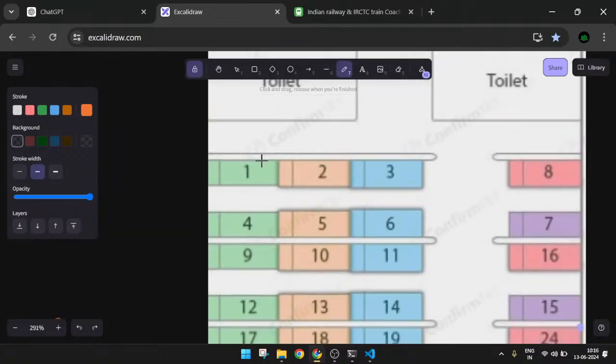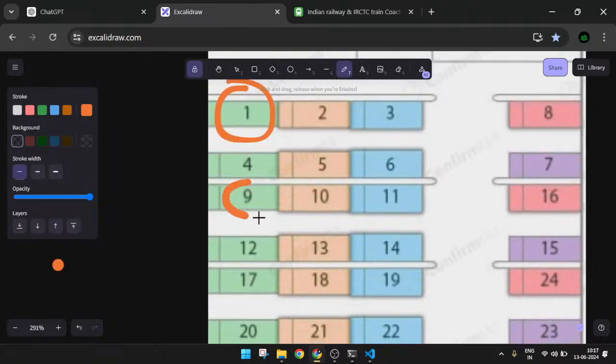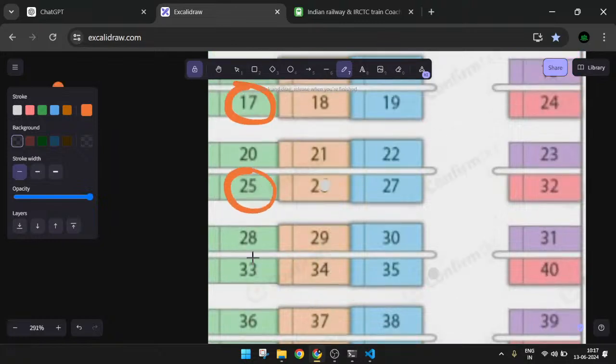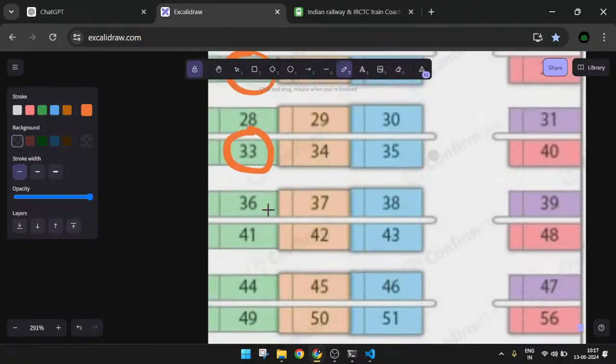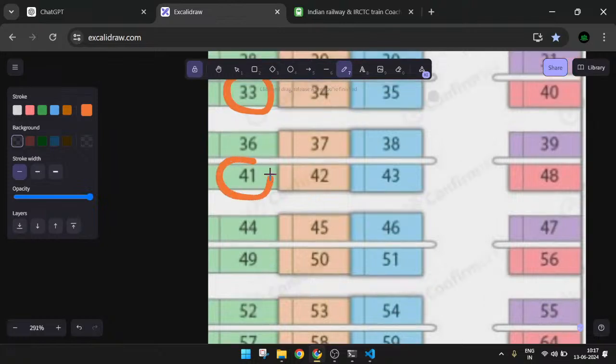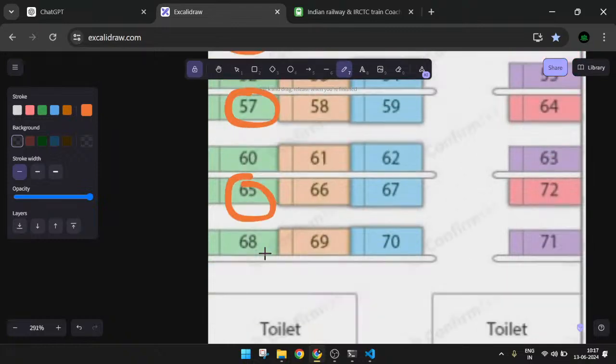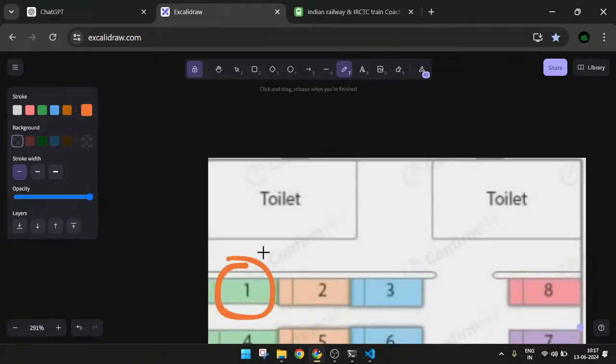Okay, so what I need to do is mark 1, 9, 17, 25, 33. I think these intervals are an AP, isn't it? AP means that it has equal interval.